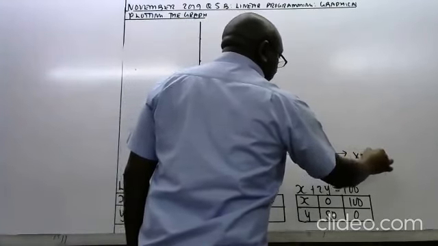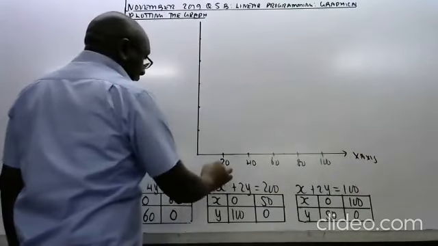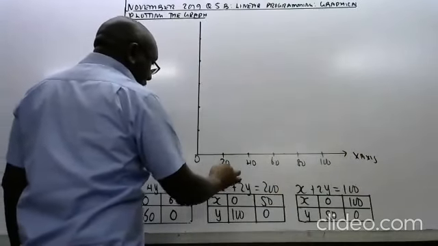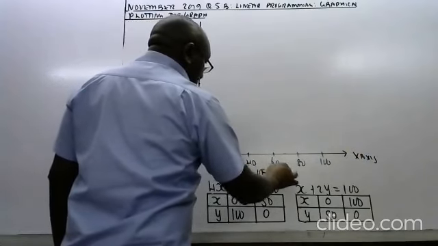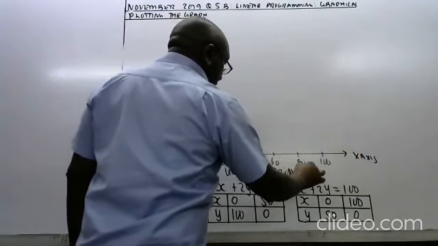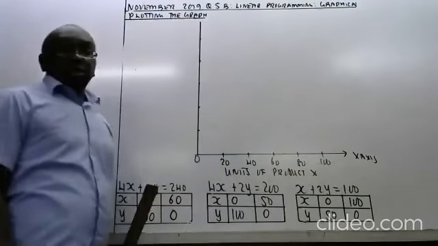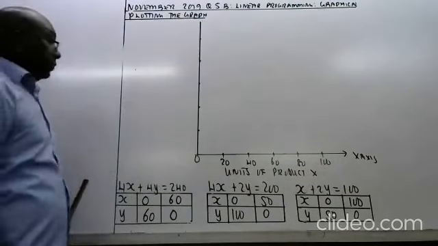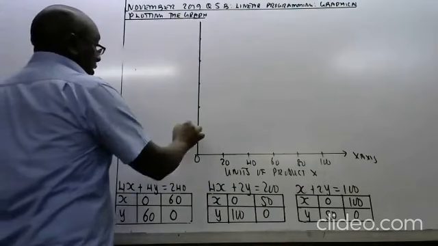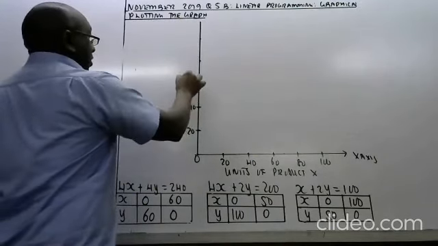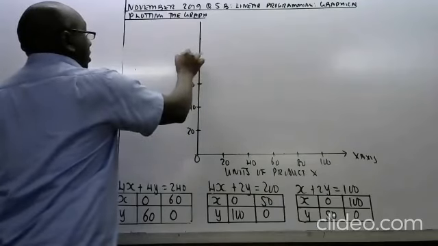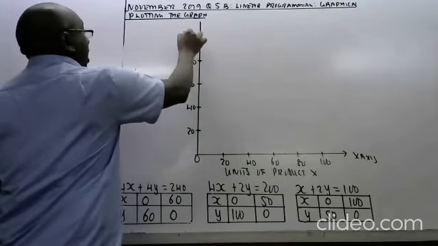So this is x-axis, and this is where I have units of product X. Then this is 20, 40, 60, 80, and 100.